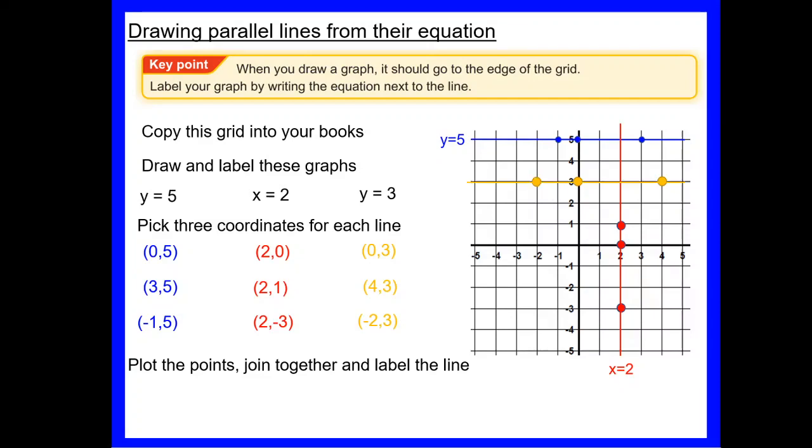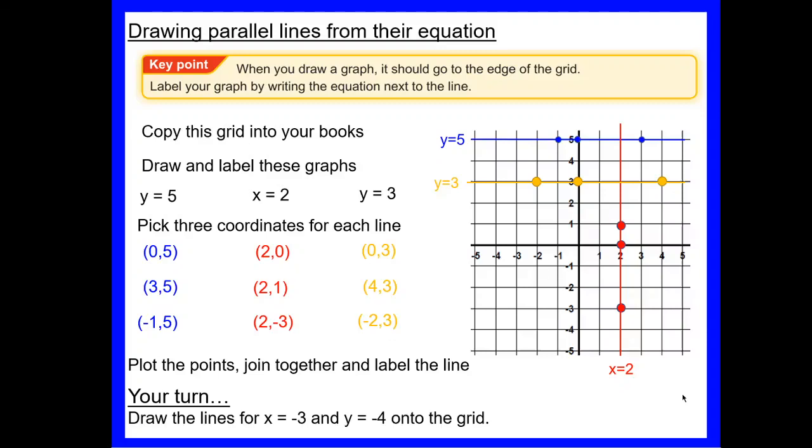Draw my line from one edge of the graph to the other and label it y equals 3. So hopefully you get the idea. You choose any 3 coordinates you like, but in this case my y coordinate had to equal 3. And again, to check I've drawn the line in the right place, if I follow my line, it does go through the y-axis. Remember, that's our vertical axis at 3.